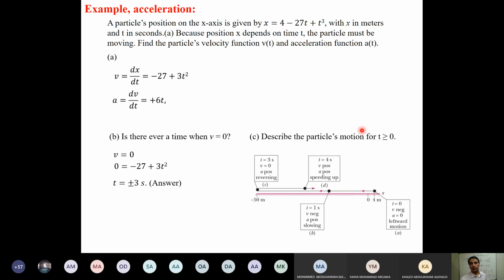The position of the particle at t equal to 0 is 4. Now you put t equal to 1: you put 1 here and 1 here. When you solve it, it will be minus 27 plus 5, which gives you minus 22. So minus 22 is your answer at t equal to 1 second.